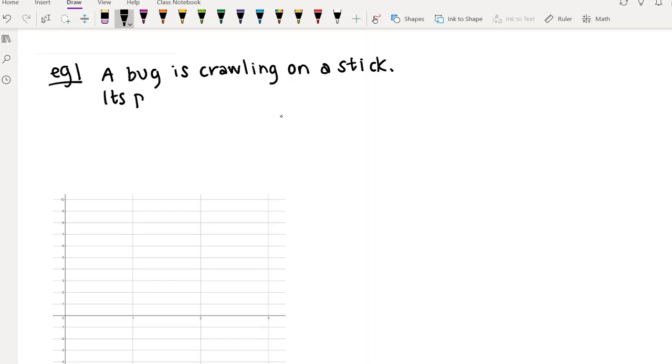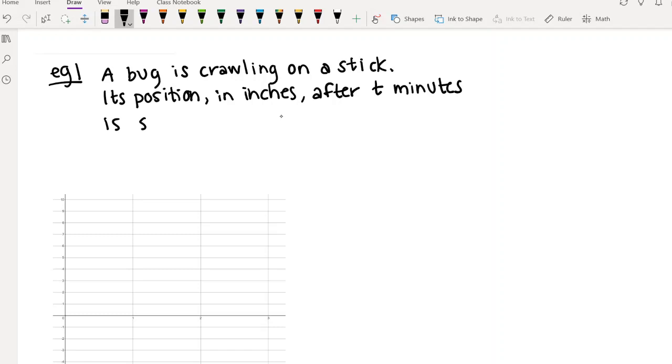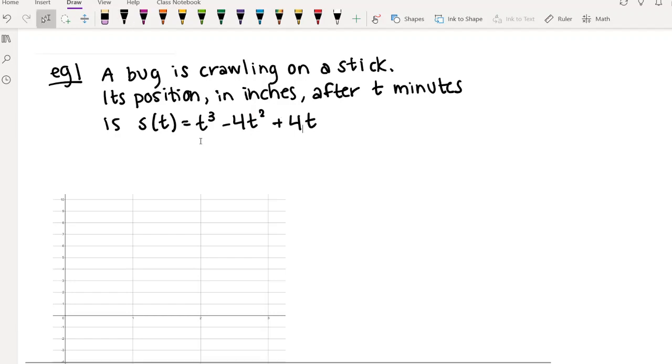Its position in inches after t minutes is going to be given by s of t equals t cubed minus 4t squared plus 4t. Oh, and this is restricted to a period of 3 minutes.